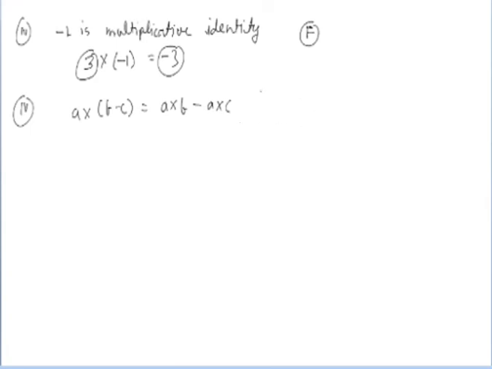For all integers a, b, c. Okay. These are the integers where b does not equal 0. So this is true.